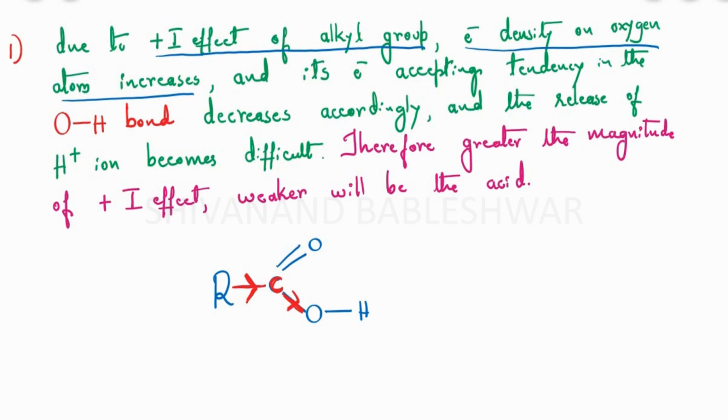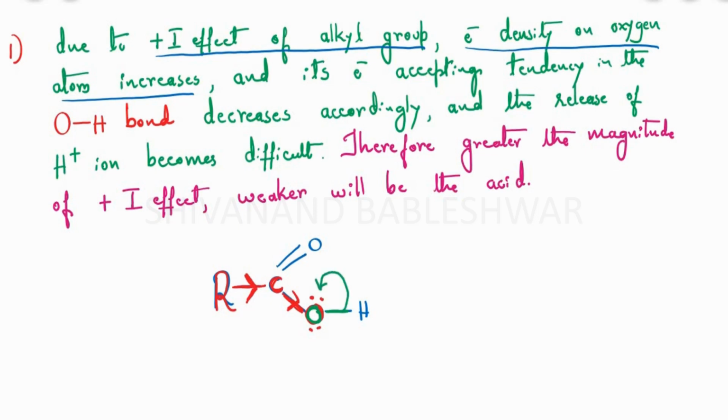Already here, oxygen has 2 lone pairs of electrons. Furthermore, this R is also giving electrons to this oxygen atom. Now my question is that we already know that oxygen is electronegative, and if it is electronegative, it has to take the bonding electrons of this OH bond towards itself.